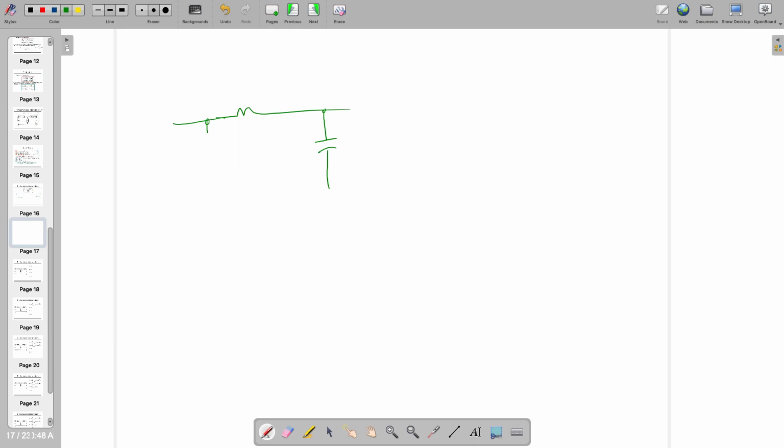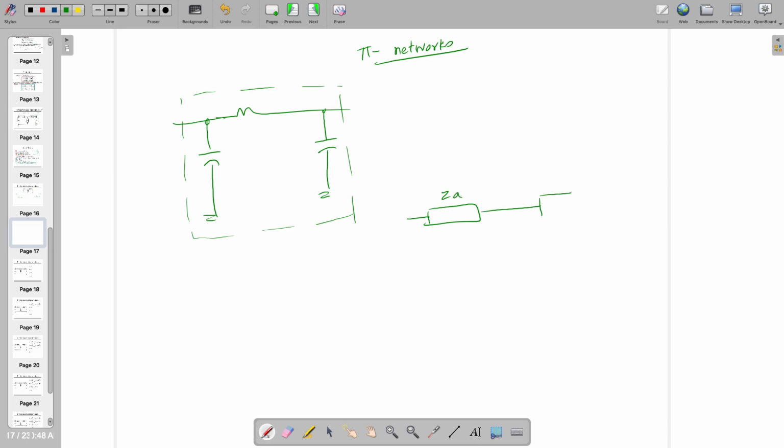By the way, we already learned one thing. If you have such a network and you cascade such networks, these are known as pi networks. However, if you have such a network, do you know the name of this network?